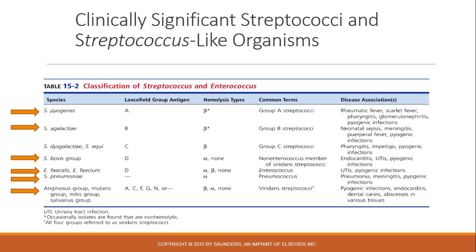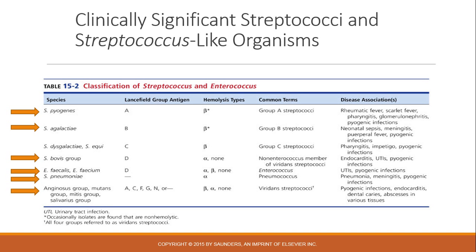It's kind of divided from itself. And then we have the viridans streptococci, so it's like a whole group of your leftover streps. All right, and then we've got your strep pneumo, which doesn't have a Lancefield group antigen. And then your viridans strep can be any group.